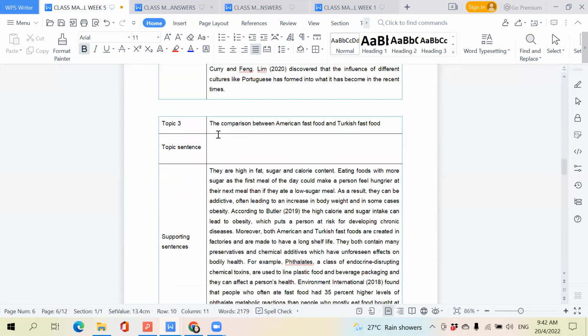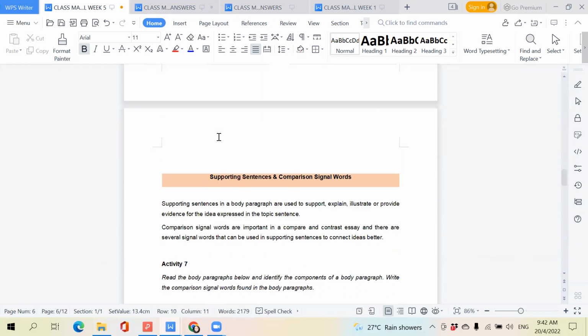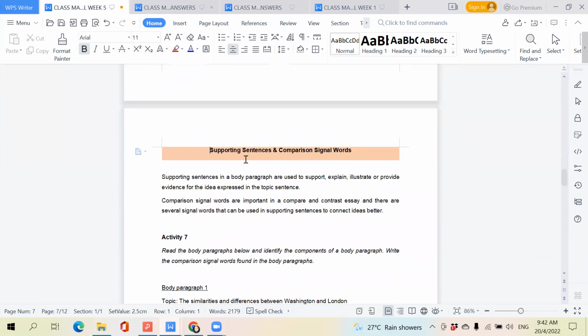All right. Okay, next, let's go to the next part, supporting sentences and comparison signal words. Okay, so supporting sentences in a body paragraph are used to support, explain, illustrate, or provide evidence for the idea expressed in the topic sentence. It means it's as if you are making a claim.